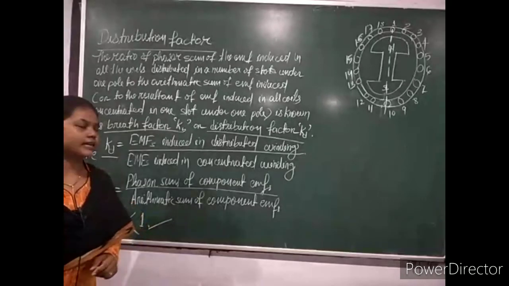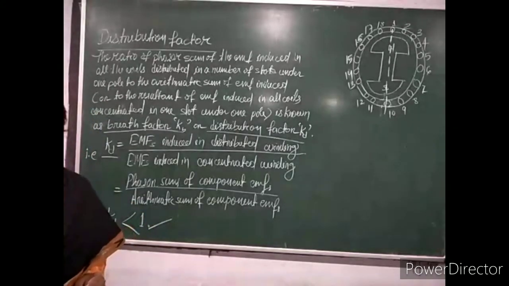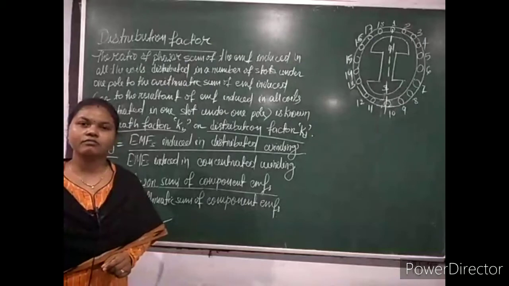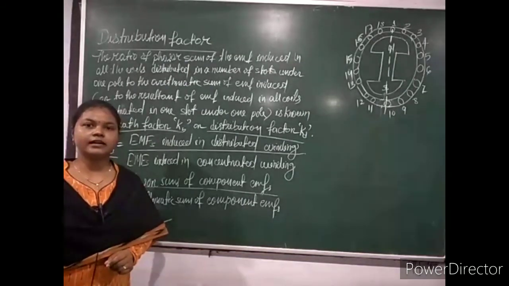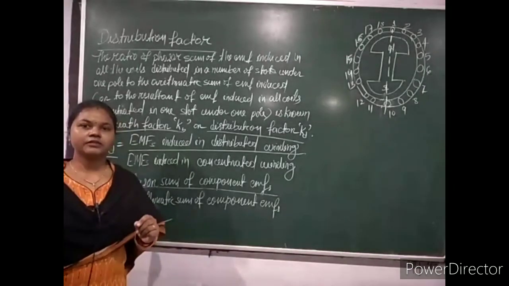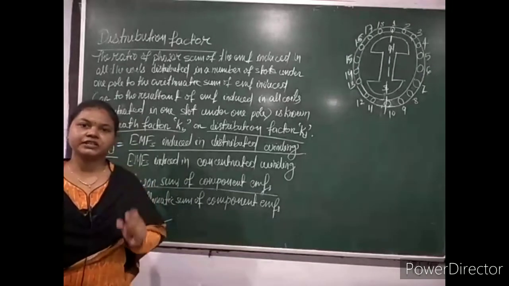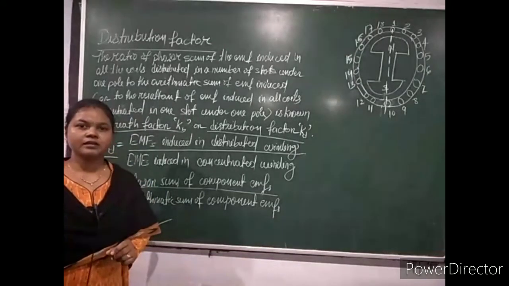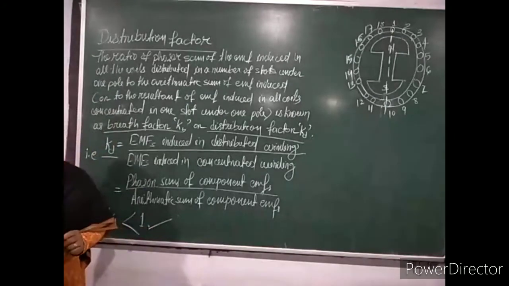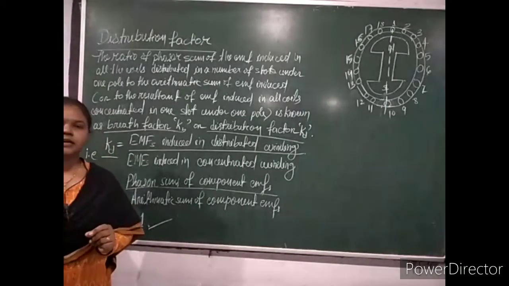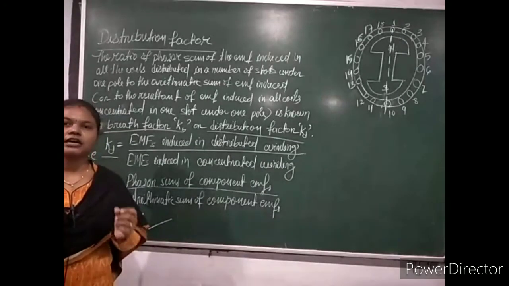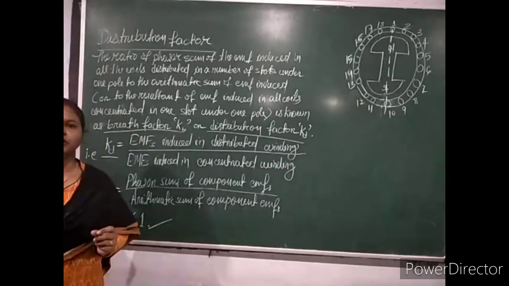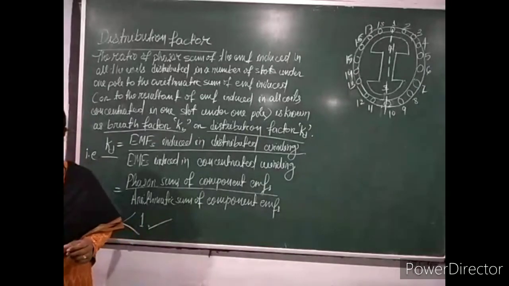For your knowledge, again I remind you what distributed winding and concentrated winding are. In concentrated winding, all coils under each pole for each phase are bunched in a single slot. But in distributed winding, instead of being bunched, the coils are distributed to different slots under each pole, for each phase.